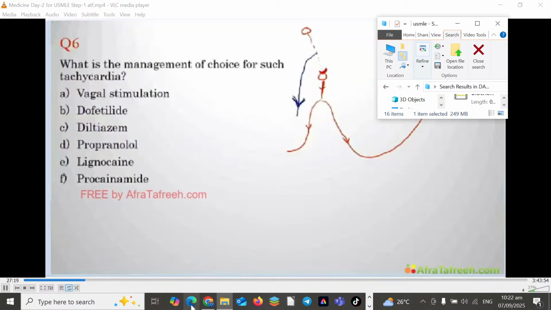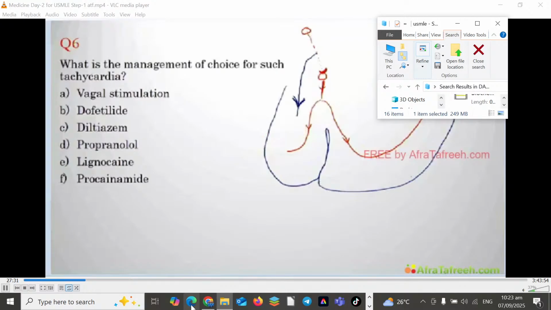This will now result in a tachycardia, because your ventricle, the part which is here, is now getting stimulated by 1 and 2 rhythms. This condition is called an accessory pathway. This is the concept of an accessory pathway.